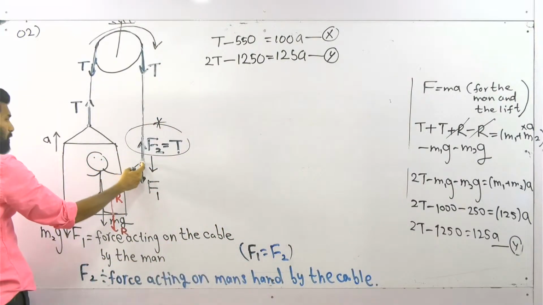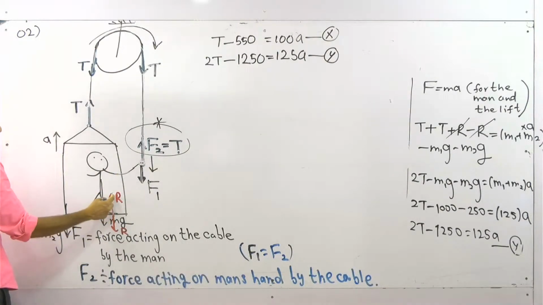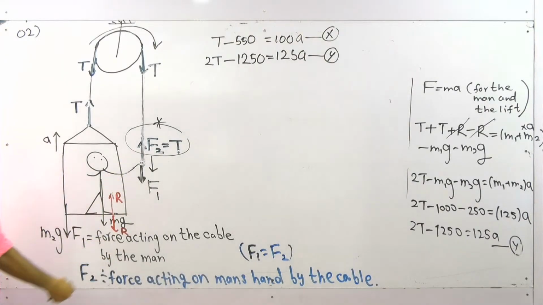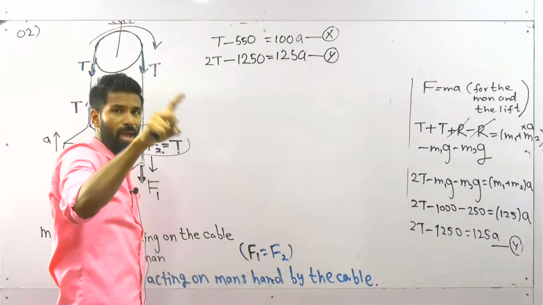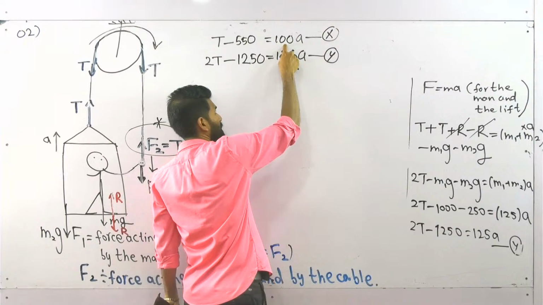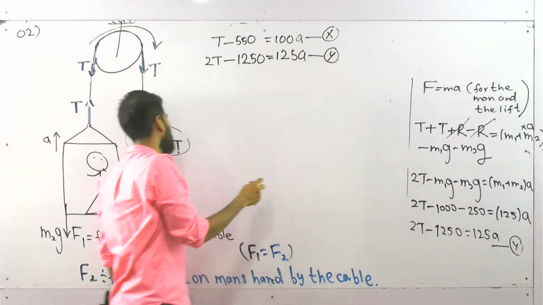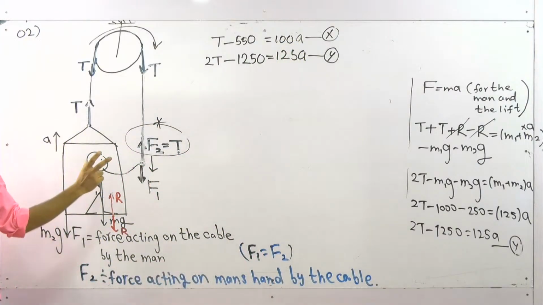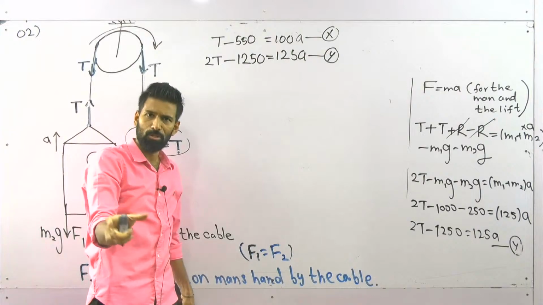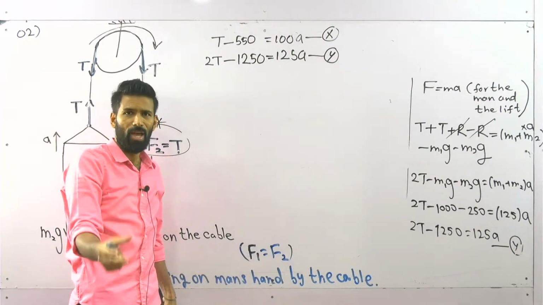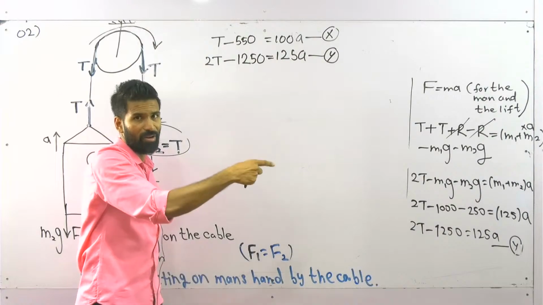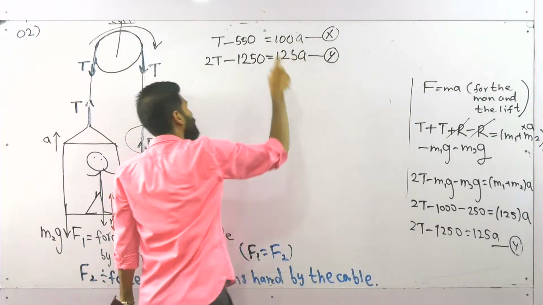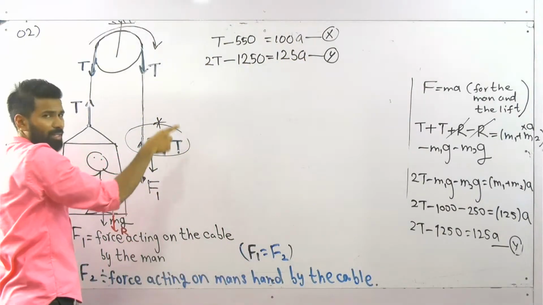The force acting upon him is T plus R, T plus R minus 1000, its weight, is equal to 100A. So you have A here. When you're applying F equals MA for the man, his mass is 100, acceleration is A. He's also moving upward with the cage as he is inside the cage. So on the right side of the equation, MA, 100 into A.